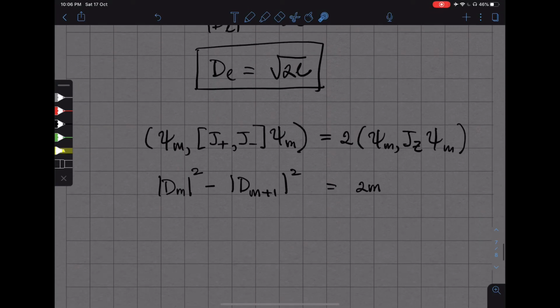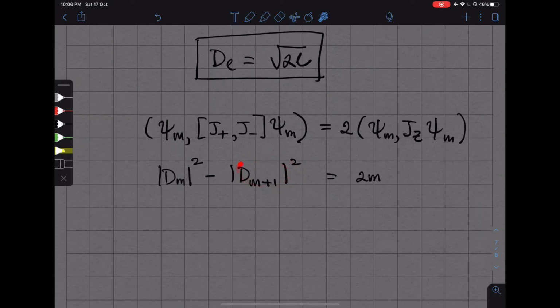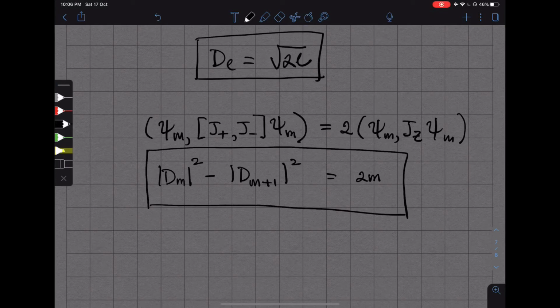But in general, this term will not be annihilated. So this is an important relationship. What we've found is what we call a recursion relationship. So if we know the extremal value of one of these constants, we can derive the other values by using this relationship. And of course we do.